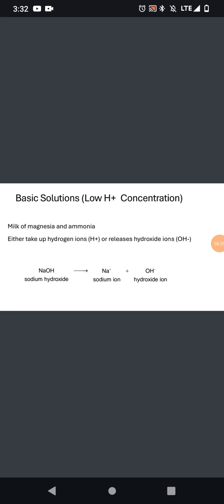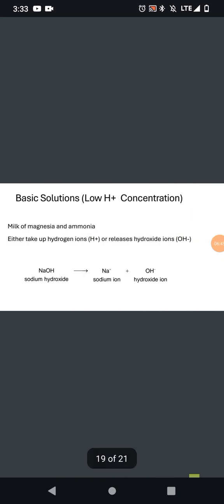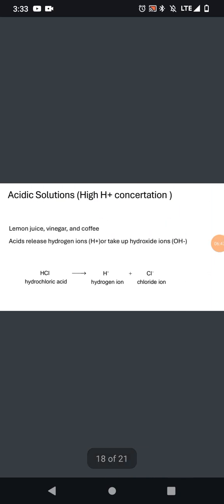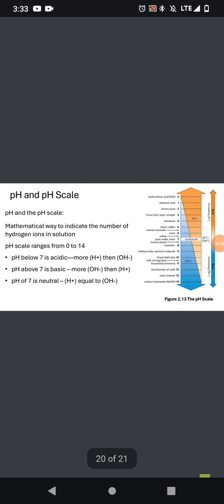Basic solutions: milk of magnesia and ammonia either take up hydrogen ions or release hydroxide ions. So acids release hydrogen ions and take up hydroxide, and bases take up hydrogen ions and release hydroxide.